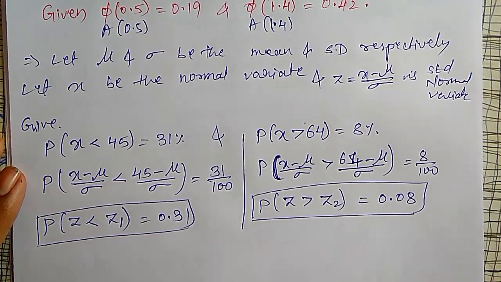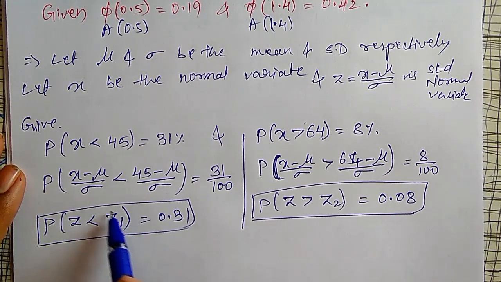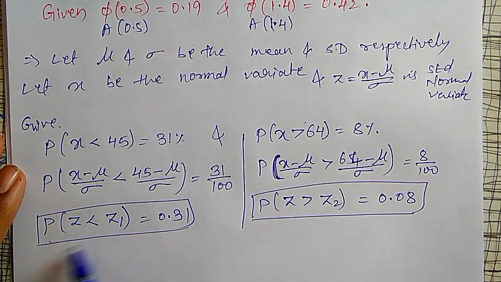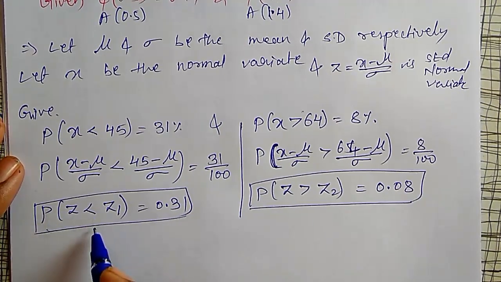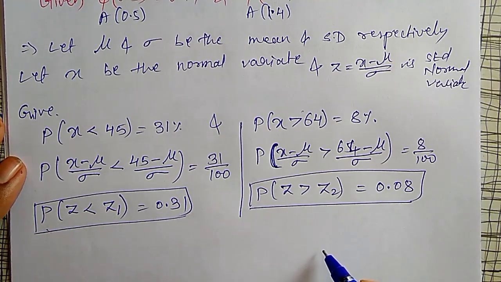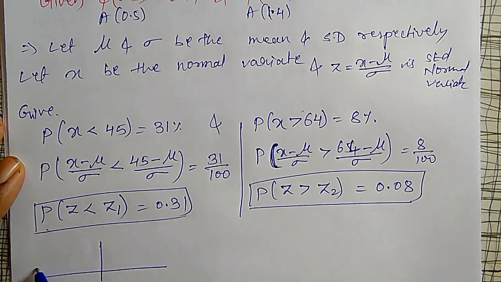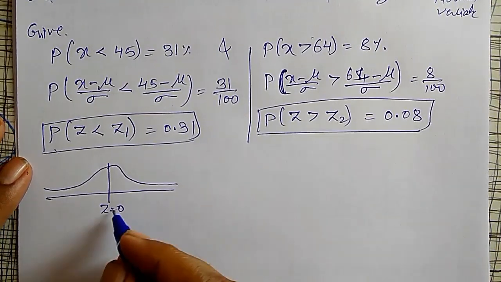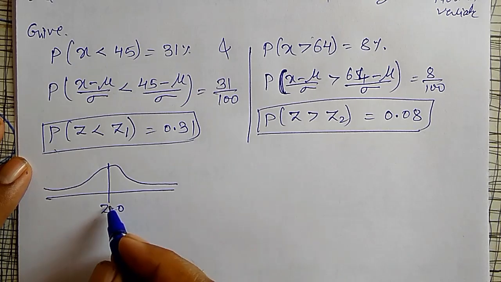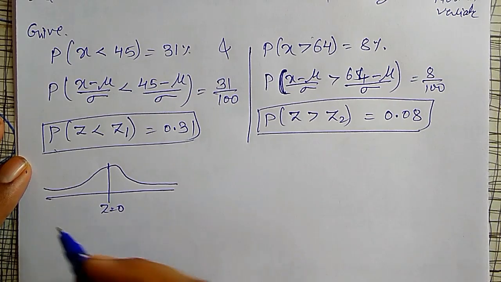Here, probability again gives you area. First I will calculate the first one, and for this I will draw the curve. Z equal to 0: from z equal to 0 to plus infinity the area is 0.5, and I know this.